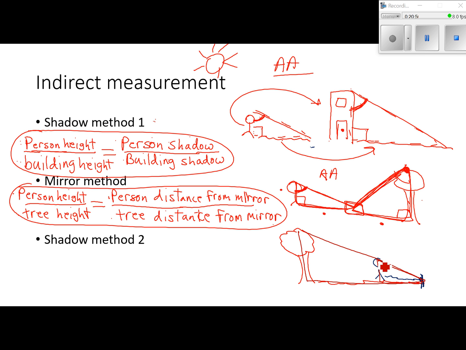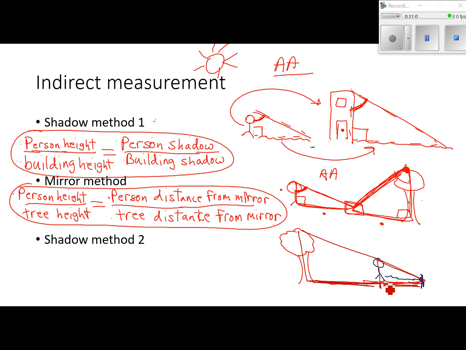What you have to be careful of with this one is to realize that the tree's triangle doesn't start at the person and go to the tree. It's this along with the person's shadow. That's the whole side of the tree's triangle.